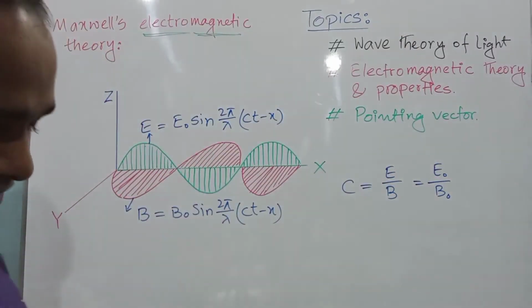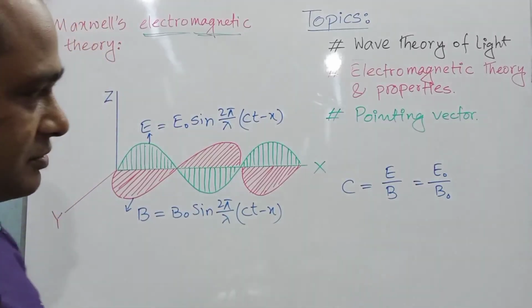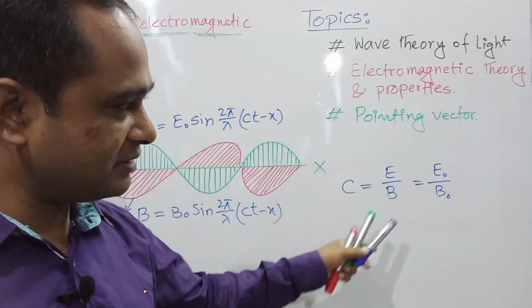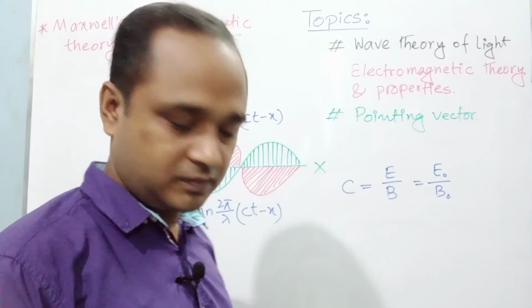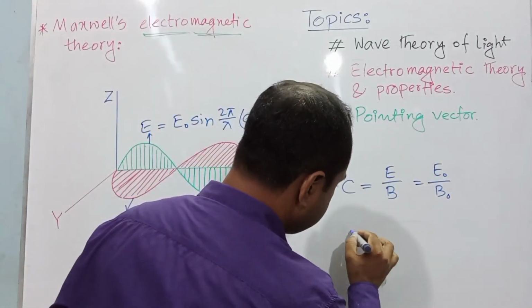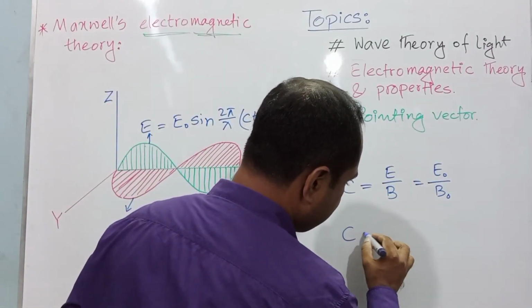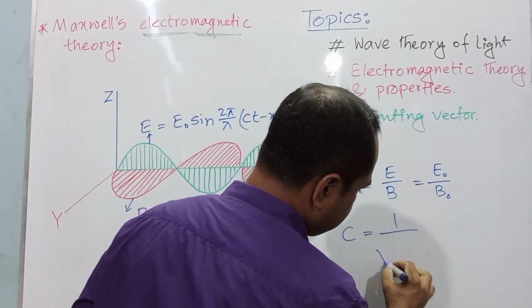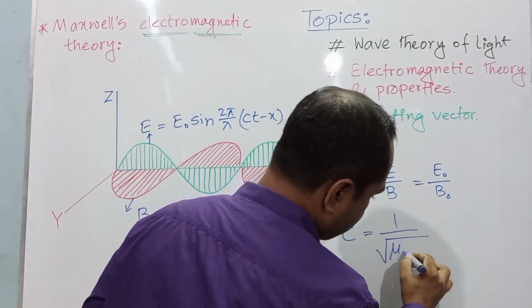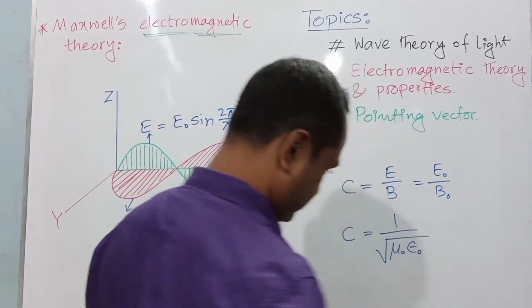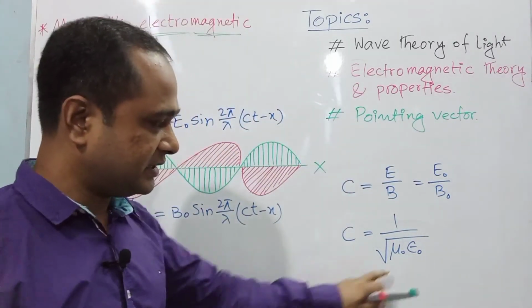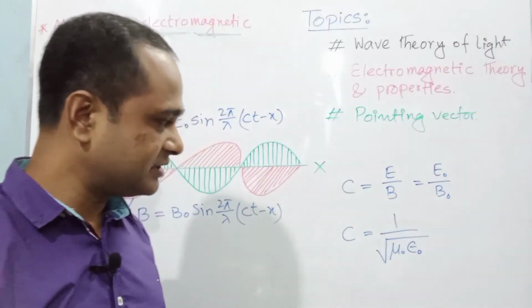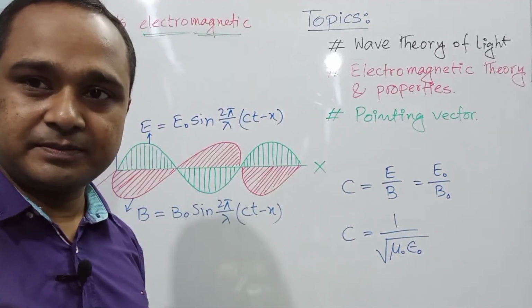The speed of the electromagnetic wave can be obtained by the ratio of E and B, or E naught by B naught. We also showed that c, the speed of electromagnetic wave, is equal to 1 by square root of mu naught epsilon naught, right? Here mu naught and epsilon naught are two constants.